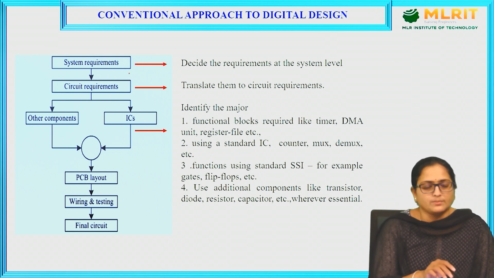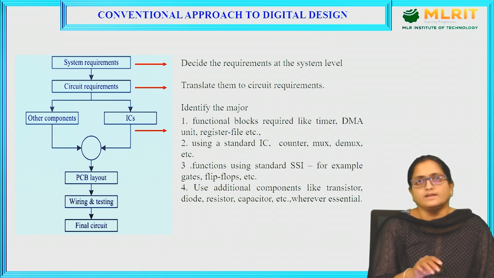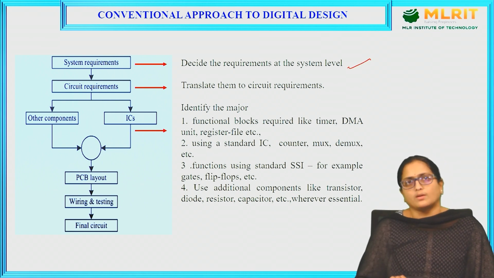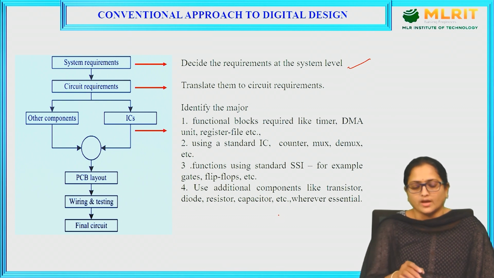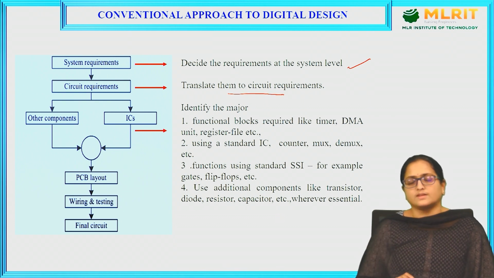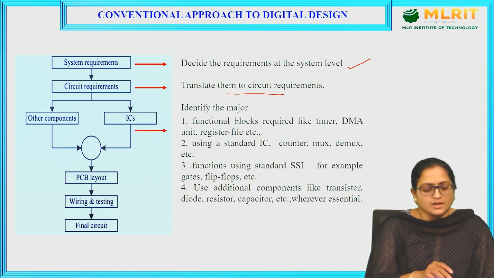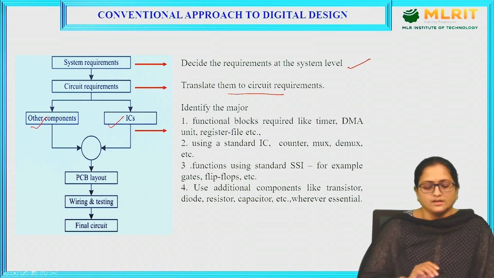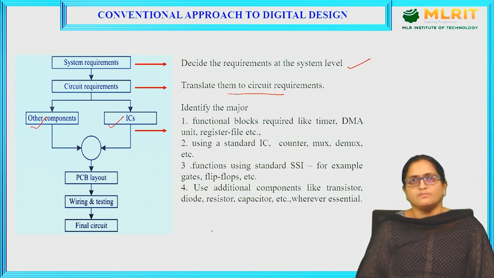So the first step is system requirement. It decides the requirement at the system level. And the second one is circuit requirements, where it translates the system level to a circuit requirement. Next, the circuits can be designed either by using ICs or other components or some functional blocks.